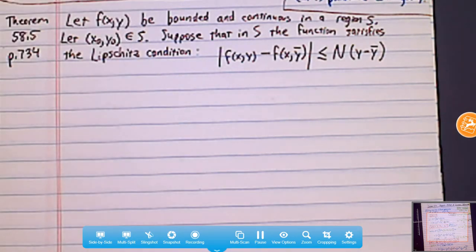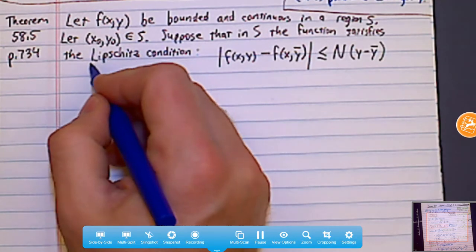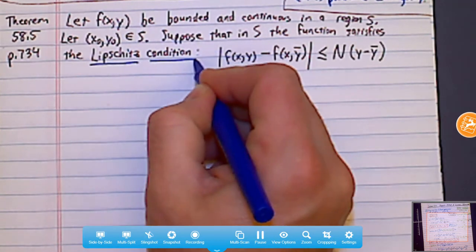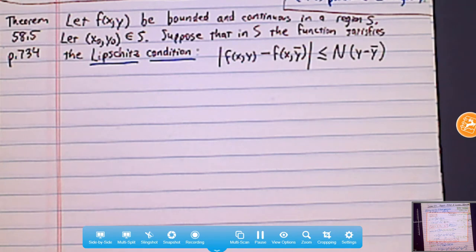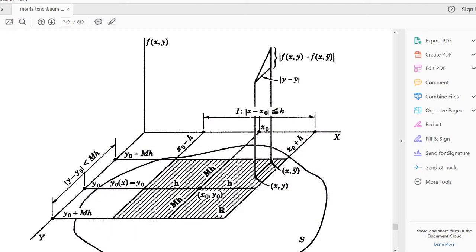So I think I'd better take at least a moment to explain the Lipschitz condition. Now remember, in your book, what part of the lesson is this? This is 58 part what? This theorem is 58 part C. Part A is all about sequences of functions. Part B gives you other things that you're supposed to know for this theorem, like the Lipschitz condition. What the heck is that? Guys, I don't want to spend more than one day on this.